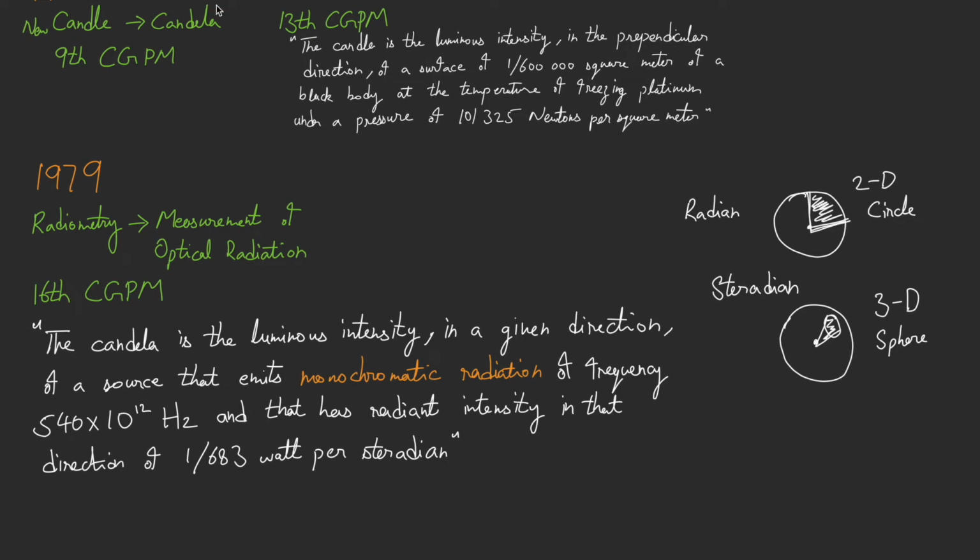Next, the new definition did not rely on platinum. As you can see, it didn't rely on platinum in any way. It relied on a monochromatic radiation. It defined one particular frequency of light, which was 540 multiplied by 10 power 12 hertz.